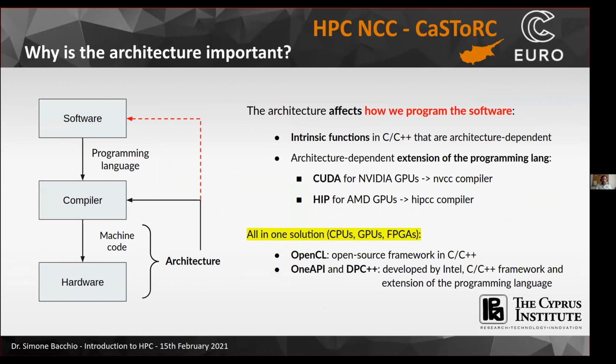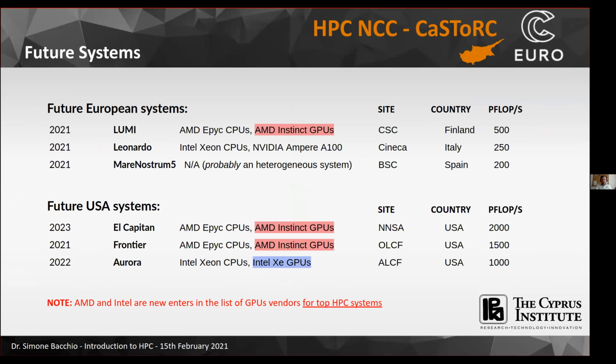Of course, let me go to the table here. So far, NVIDIA has been the best at producing GPUs, like Intel has been the best so far at producing CPUs.